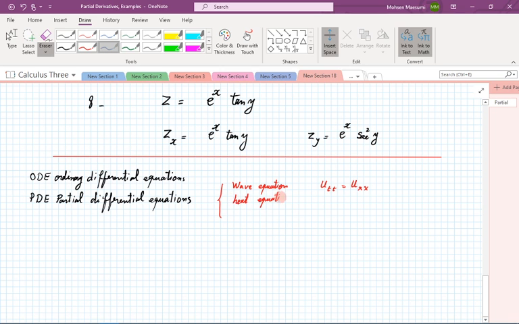The heat equation governs how heat spreads inside the body of an object, typically a metal object. Heat could be entering from one end, spreading through the medium, and you want to know the temperature at any location at any time. The simplest form of this equation is u_t equal to u_xx.